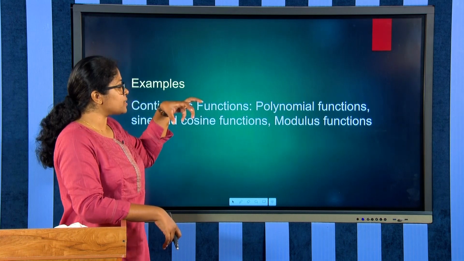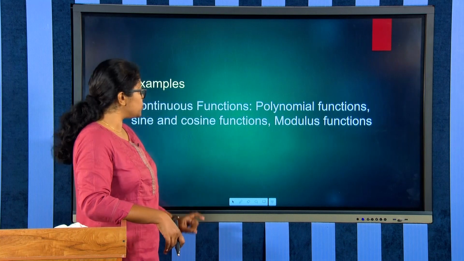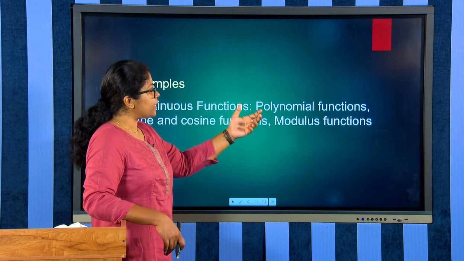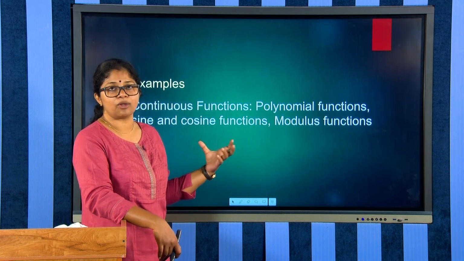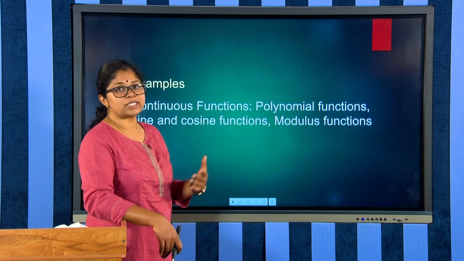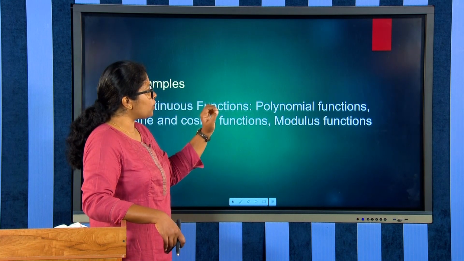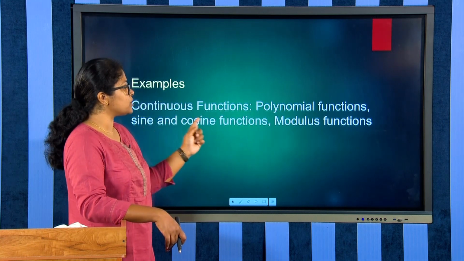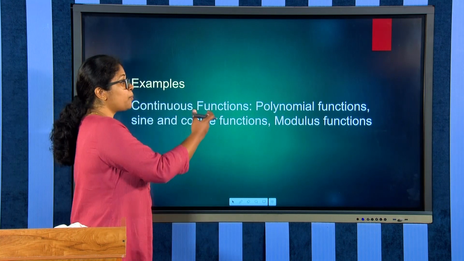The main classification of continuous functions consists of the polynomial functions, sine and cosine functions, modulus functions, and a few more which I have not mentioned here, like rational functions where the denominator is not equal to 0, exponential functions, and many more. Mainly we have to consider the polynomial functions, sine functions, cosine functions and modulus functions at least. So, what are polynomial functions?